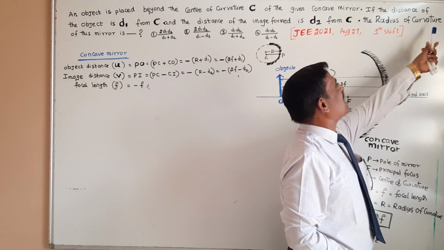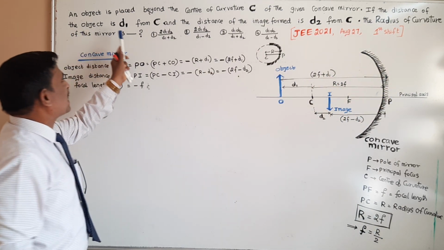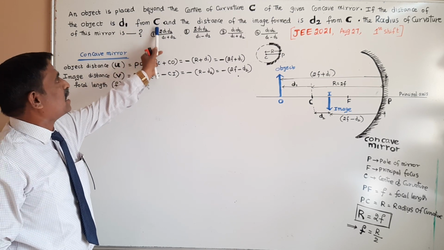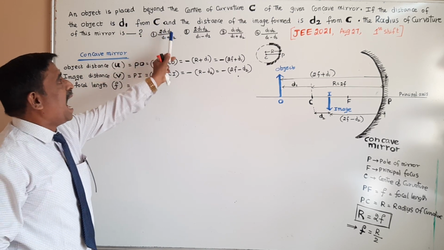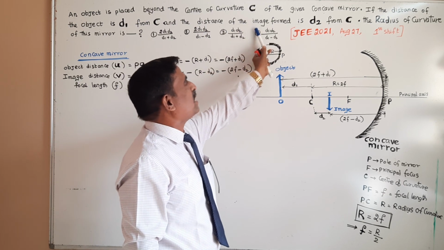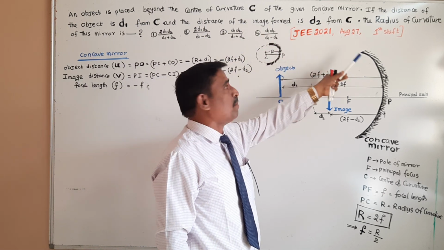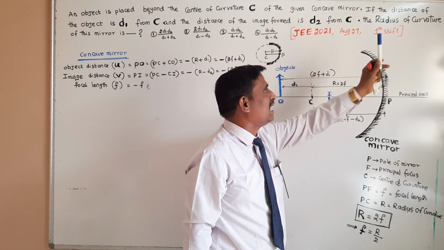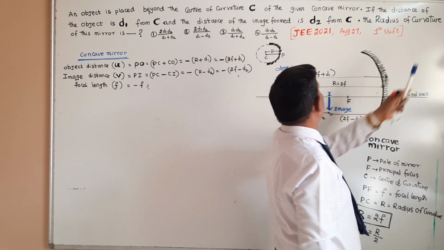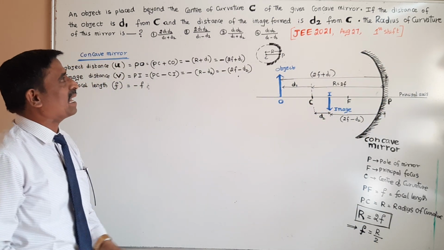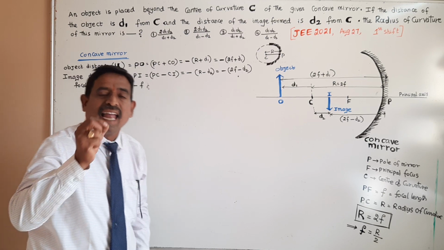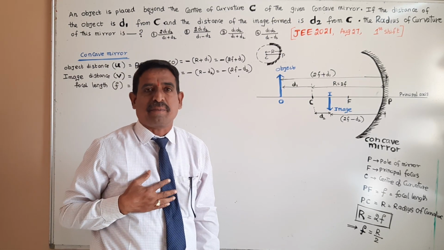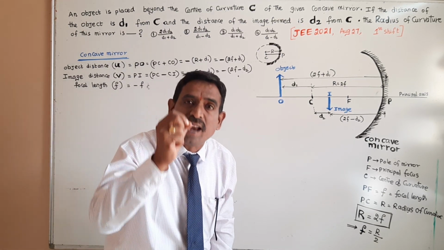If the distance of the object is d1 from center of curvature C and the distance of the image formed is d2 from center of curvature C, then the radius of curvature of the mirror is, according to the given information, I have drawn one diagram.